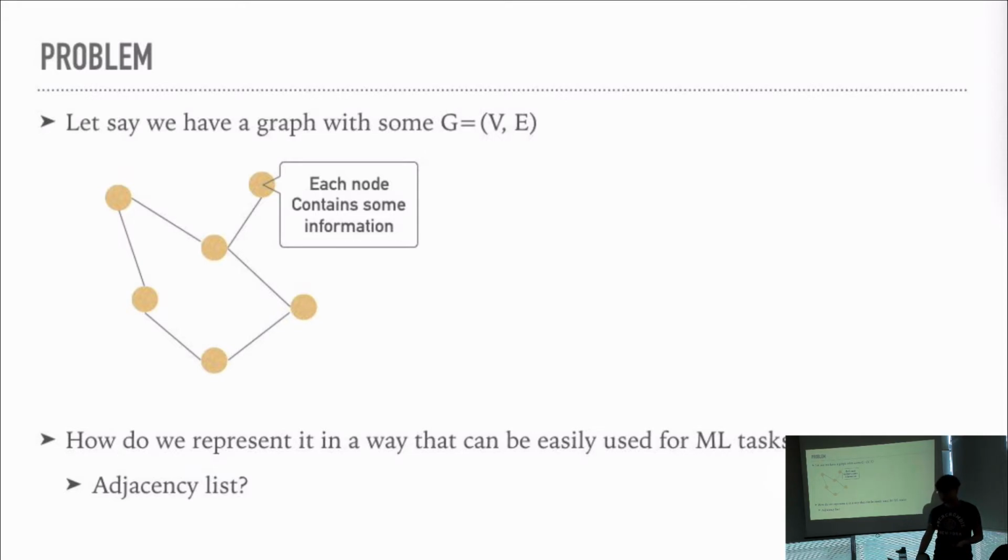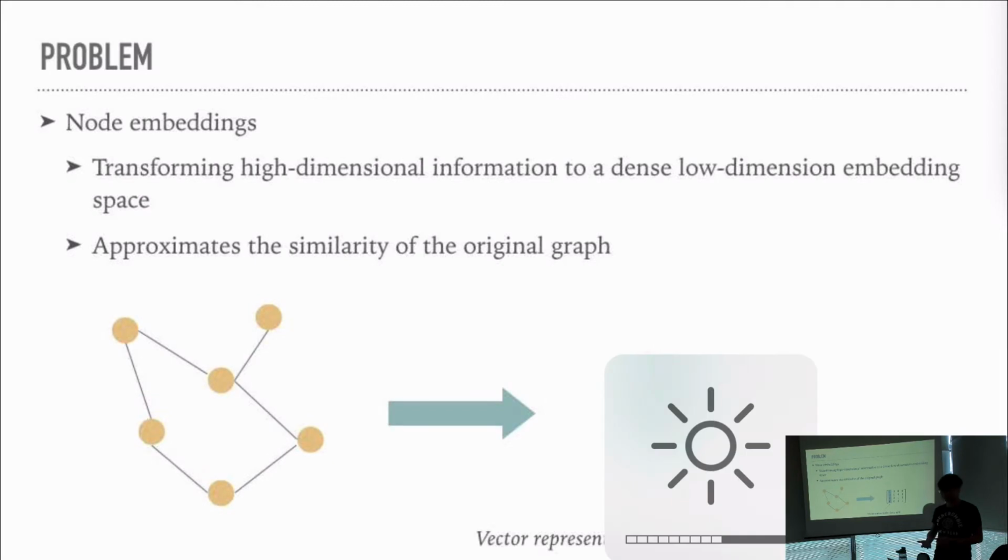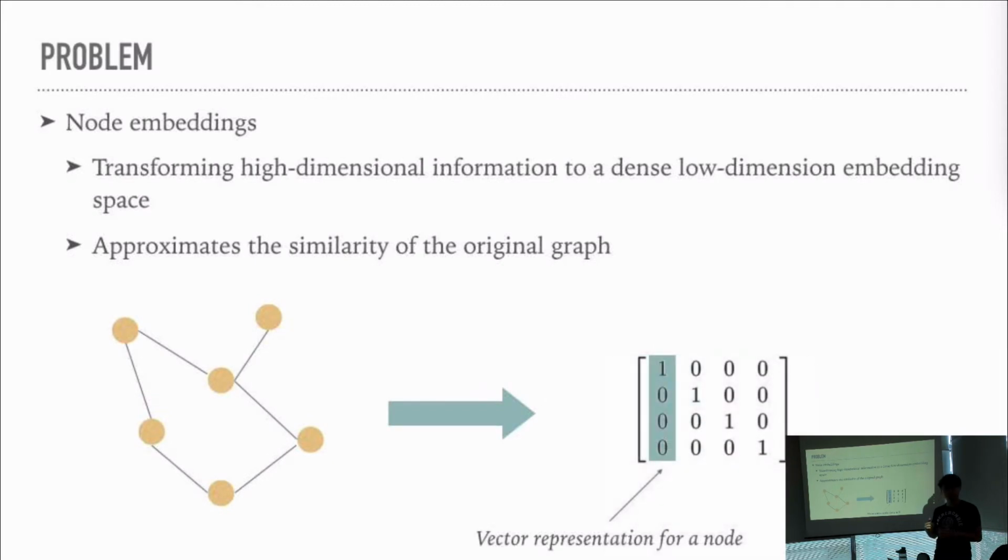So what we can do is use node embeddings. Node embedding is transforming that high dimensional amount of information into a low dimensional dense embedding space, and the embedding approximates the similarity of the original graph. So let's say for this graph, we can encode it like this.